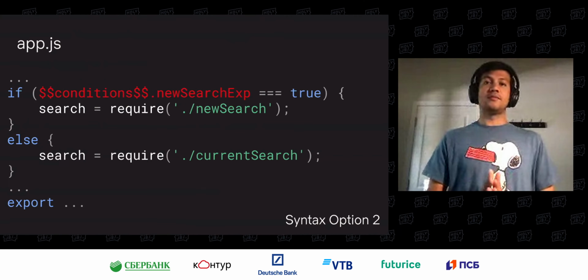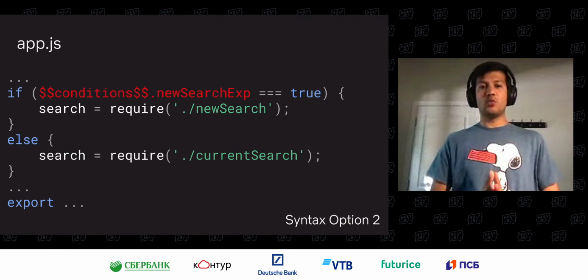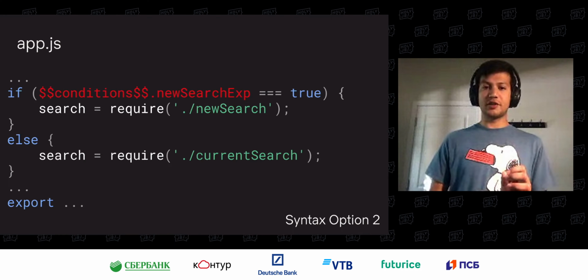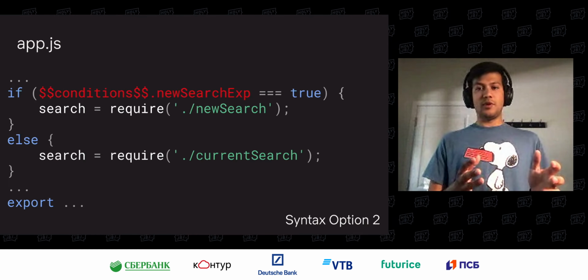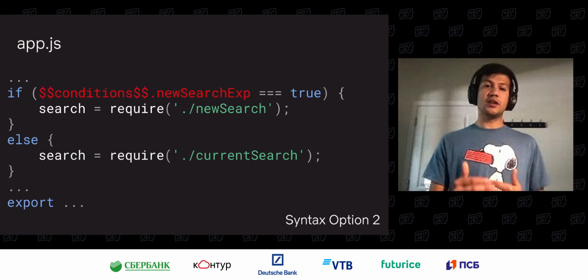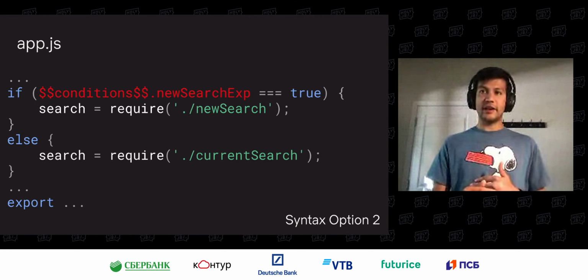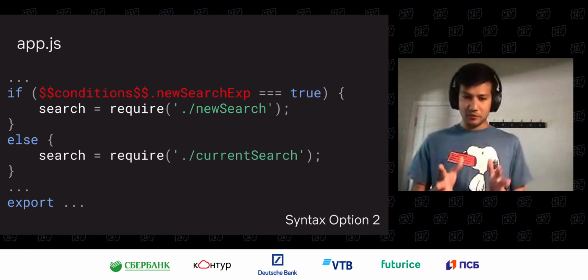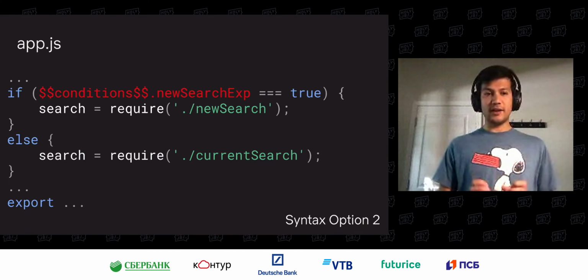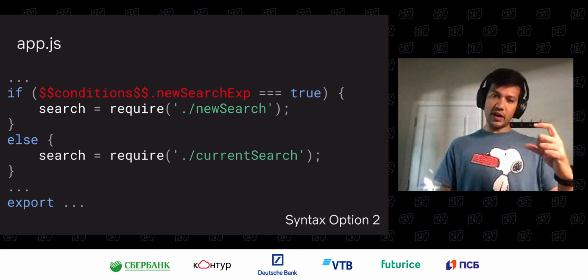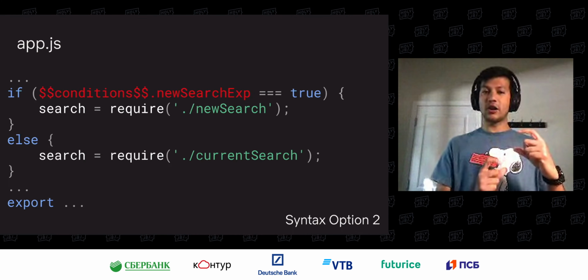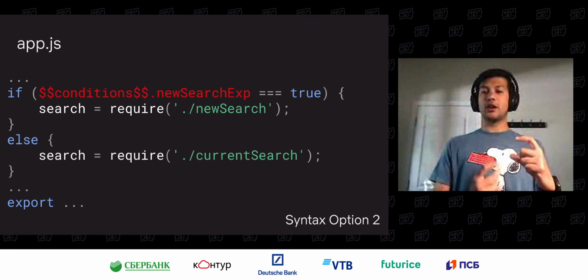The second option that we gave to our engineers was using a $conditions keyword. This allowed our engineers to actually write if and else statements. So what we are trying to say here is that, in this particular case, the parent file says, should I include new search or should I include current search?